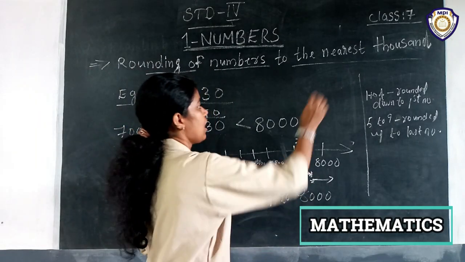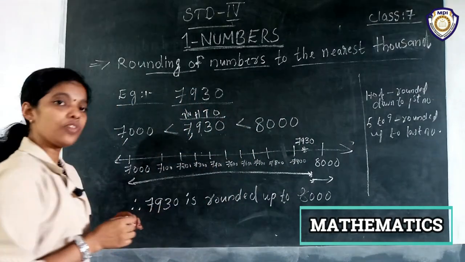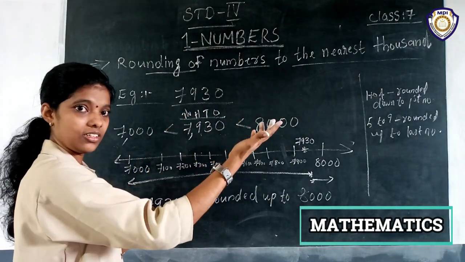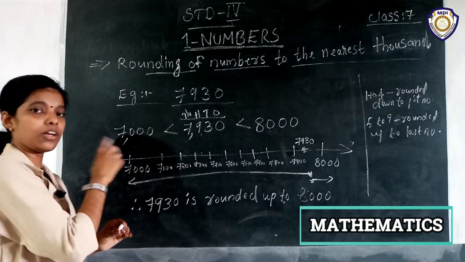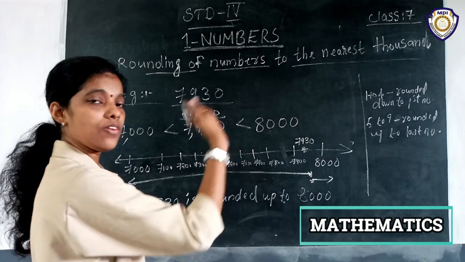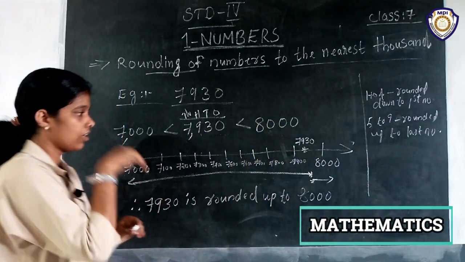Then our condition. 1 to 4 numbers are rounded down to the first number. 5 to 9 numbers are rounded up to the last number.